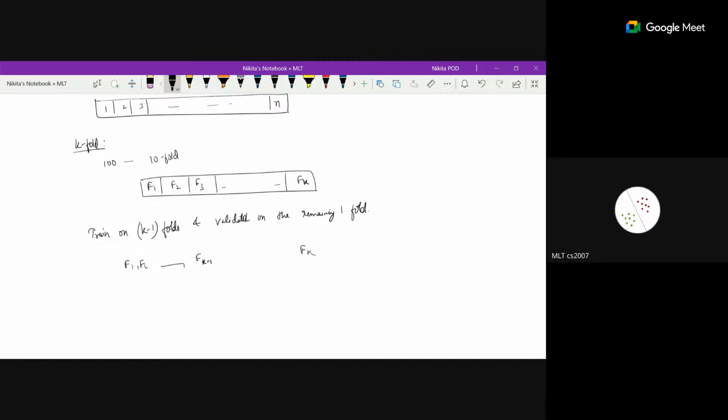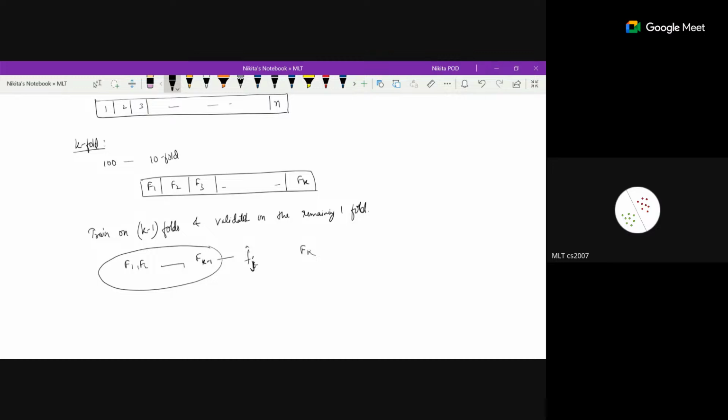When we say you train on the k minus 1 folds, you train on whatever observations you have in those folds, and you get a model, let's say f-hat. This is the model that we fit.